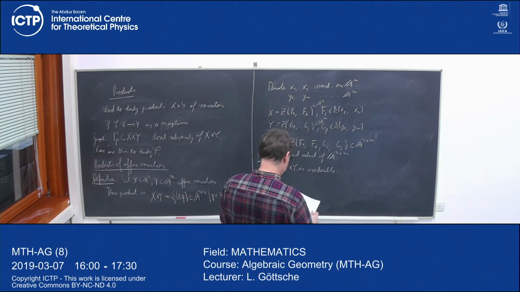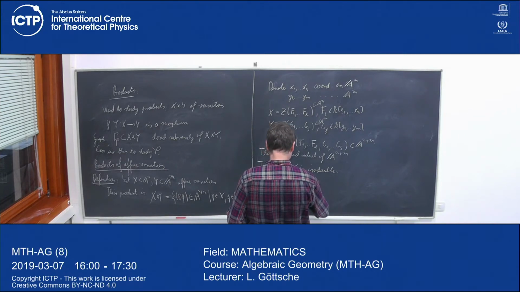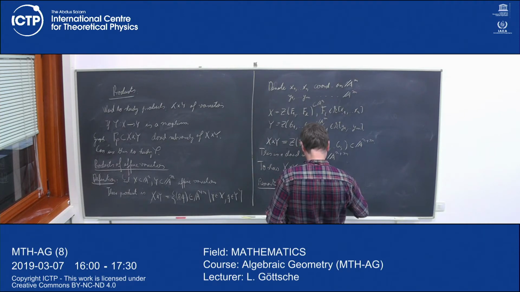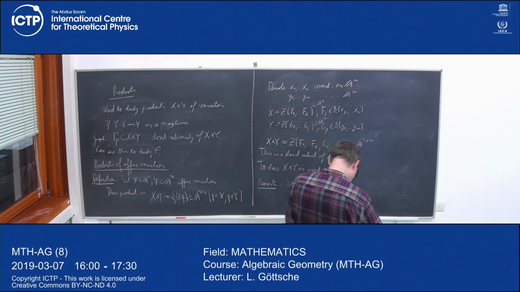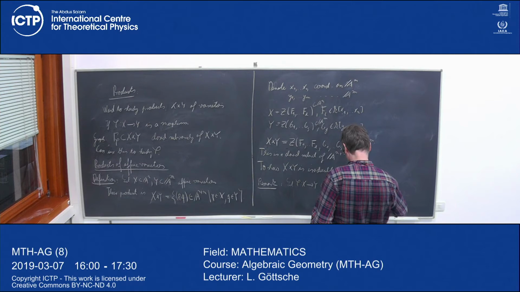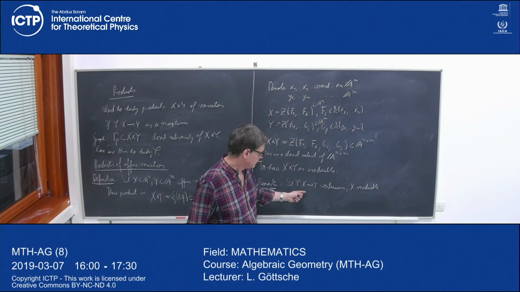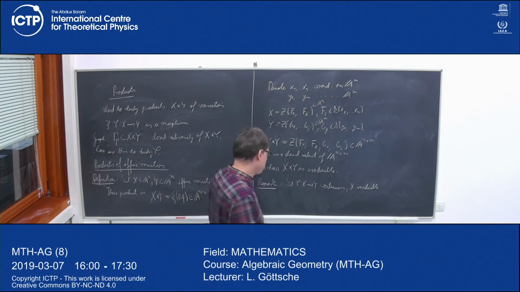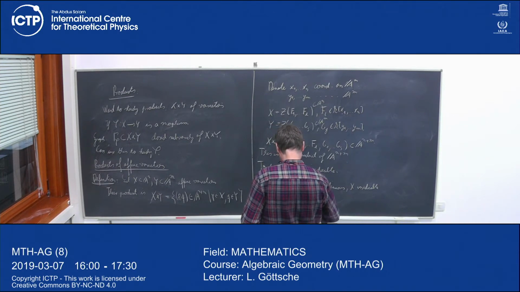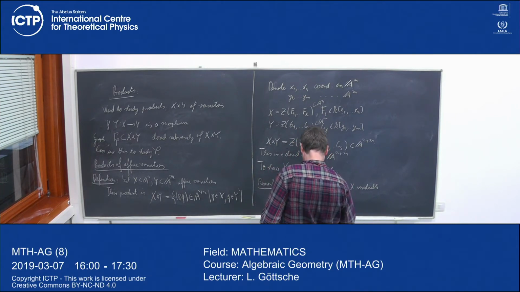Let phi from X to Y be a continuous map, and X irreducible. Whatever, X and Y are topological spaces. This is a continuous map, X is irreducible. Then phi of X is irreducible. I don't know whether this was a homework exercise, but I think not.